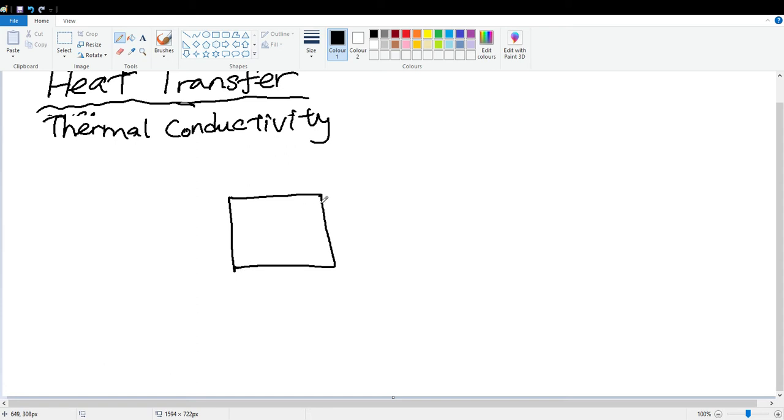Let's say I have my object A, and this will be my object B. Let's say object A has a temperature of 100 degrees Celsius, and this one has 50 degrees Celsius. The heat will move from the higher temperature region to the lower temperature region.